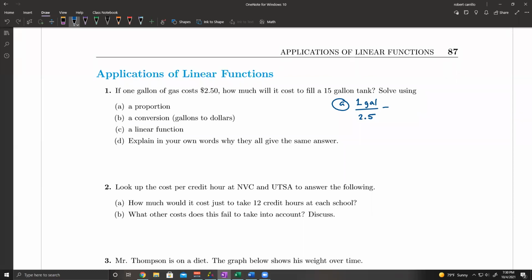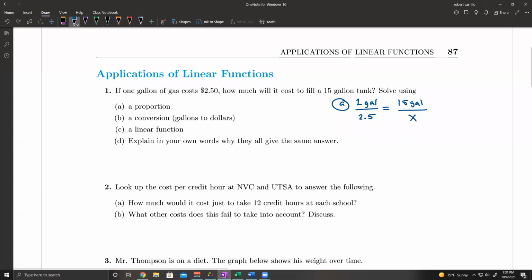And then we want to know how much will it cost to fill a 15-gallon tank. So we're going to put 15 gallons there and put it over X amount of money. So I'll just leave it as X. Well, fair enough. We probably knew from the beginning that we should have just multiplied it by 15, right?